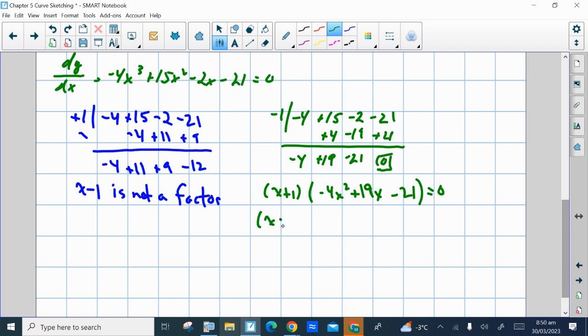And that quadratic can be factored. Negative 4x times x will give us our negative 4x squared. And this will work if we put a positive, nope.